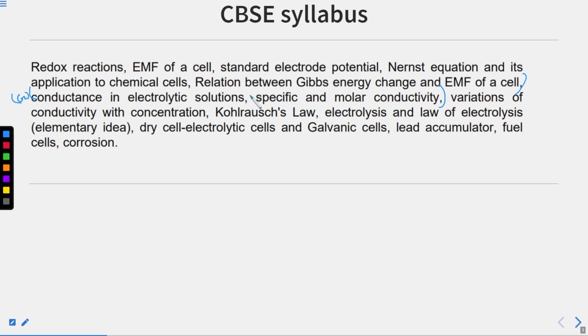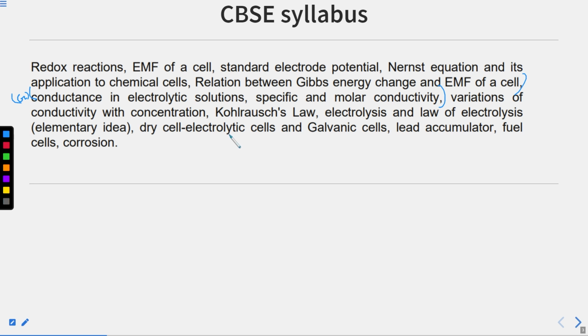Specific conductance is basically 1 by rho. We write R equals rho L by A, then rho equals R A by L. Therefore, 1 by rho equals 1 by R into L by A. I have told you that 1 by rho is our specific conductance, and its symbol is kappa.